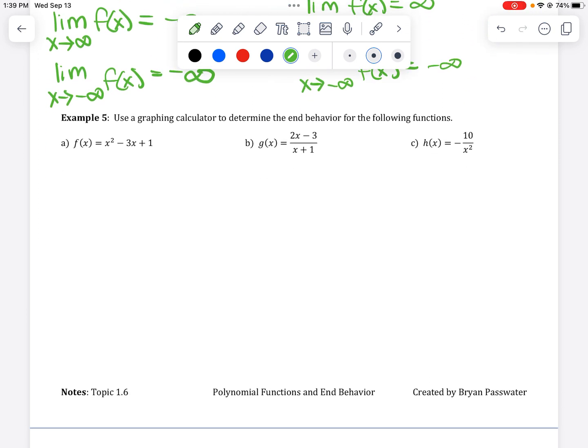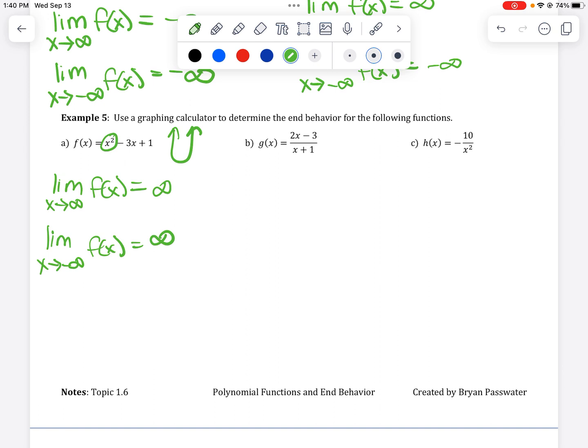But again, we could look at it and say, I know that this is a parabola. It's even and positive. Oops, I wrote this wrong, excuse me. So the limit as x goes to infinity of f of x, and the limit as x goes to negative infinity of f of x. Well, they're both positive, so they're both going to be going up.